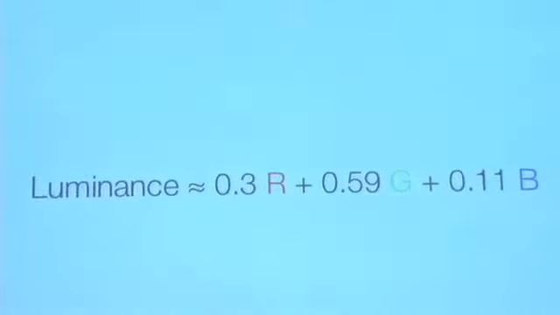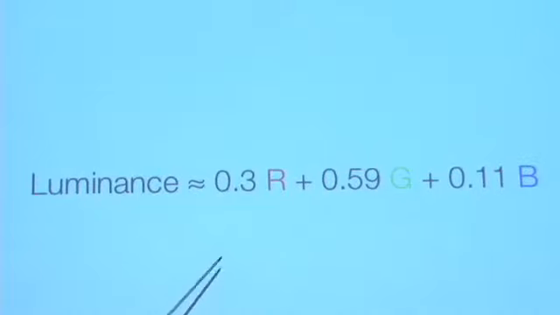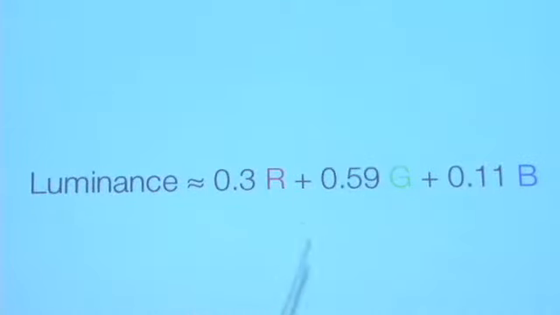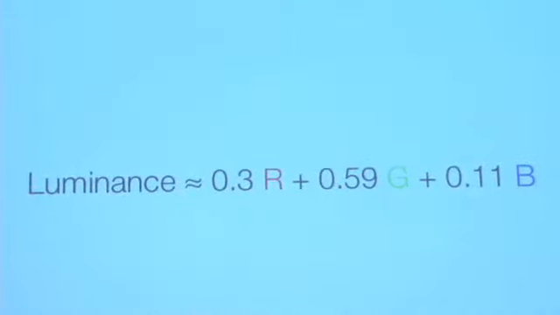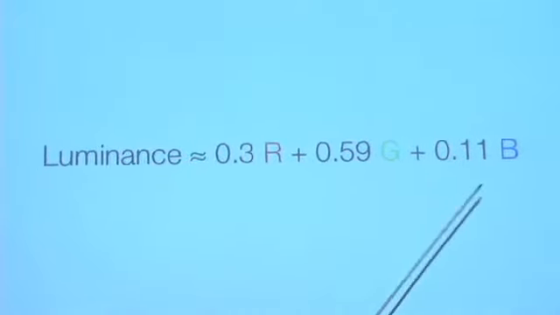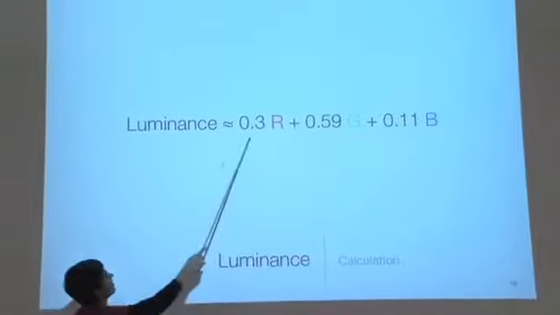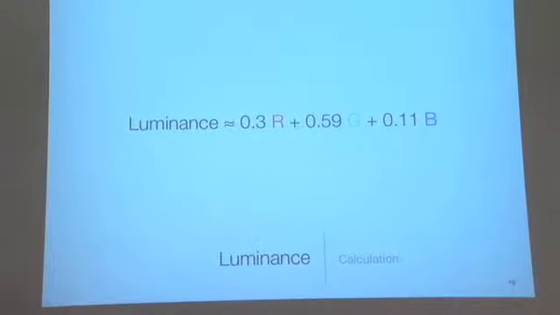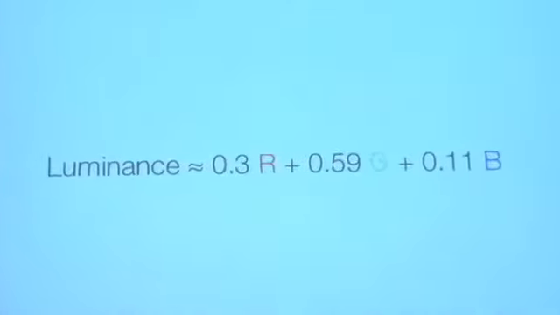So when we multiply, no matter what these numbers are within the range of 0 to 255, these numbers can be any number within that range. And when you add them all up, it will always be another number from 0 to 255. So you're not going to get more than that. You're not going to get less than that. It's always going to be somewhere right in the middle.